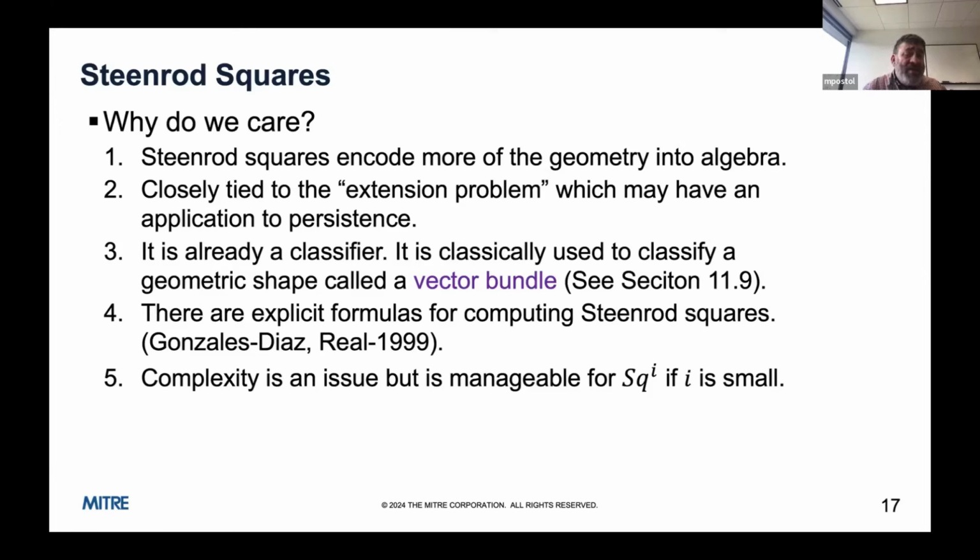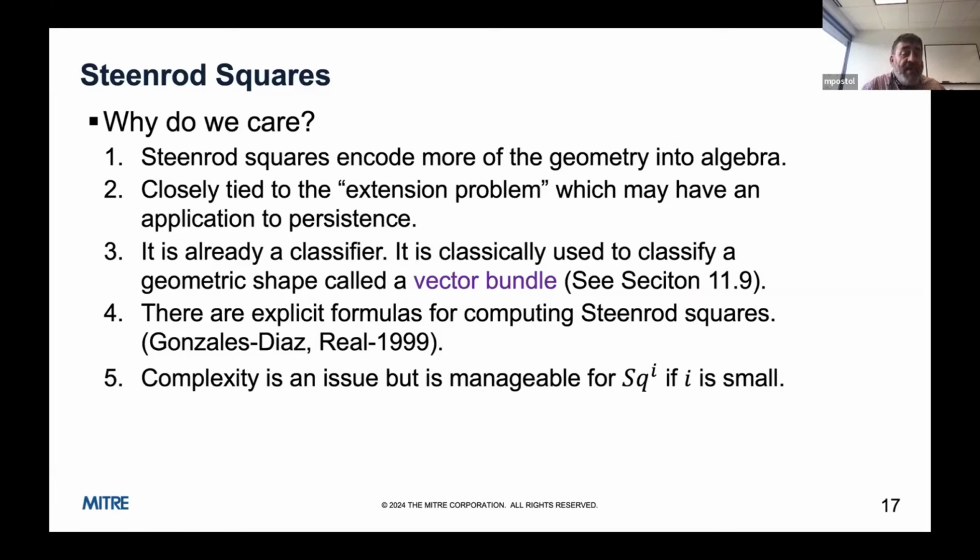And I think it actually even has some physics applications, but I don't really know what they are. I think some things to do with string theory, but they use a shape called a vector bundle. And I talked about vector bundles and fiber bundles and all that in my paper, so that's something to look at. But it's used to classify those shapes already, so it already is used as a classifier.